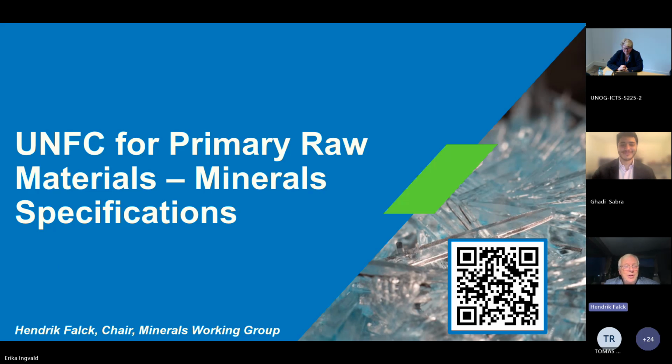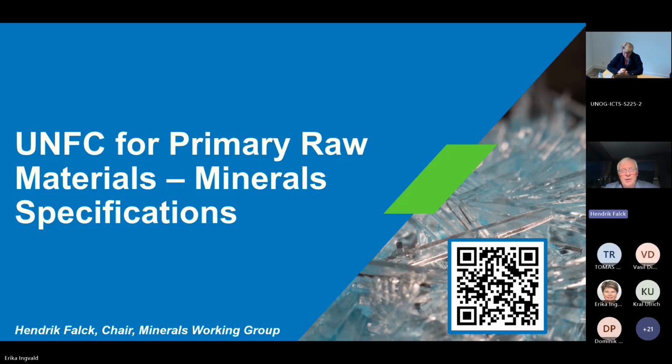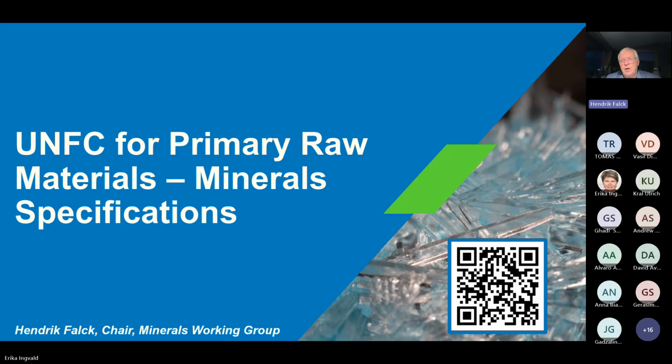I wanted to talk to you a bit about how the UNFC works for primary raw materials, more commonly known in my universe as minerals. Because while we've talked a lot about a very generic approach to how resource projects can be classified, each different resource actually has its own needs, requirements, and details that can vary a bit from one resource to another.